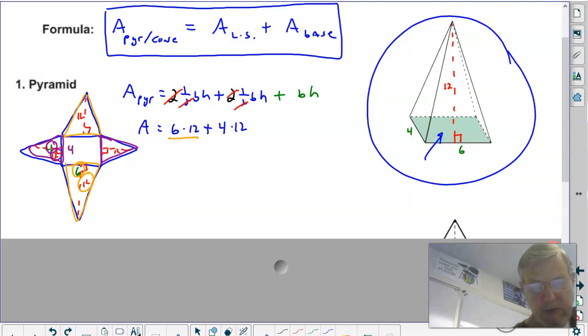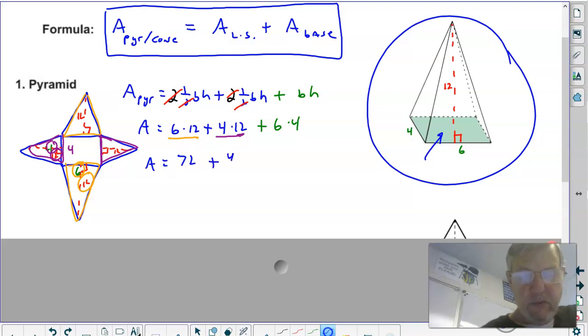Two of the first are the top and bottom ones, and here are the left and right triangular lateral surfaces. Plus now I need the base and height of the base. The base of the base is 6 and the height of the base is 4. Now I'm ready to multiply everything out. 6 times 12 is 72, 4 times 12 is 48. Keep this part in green, 4 times 6 is 24.